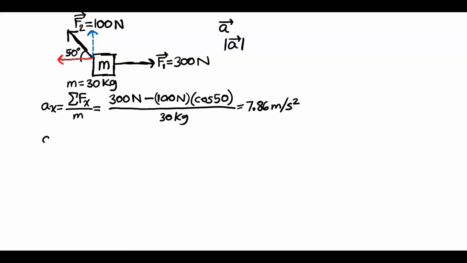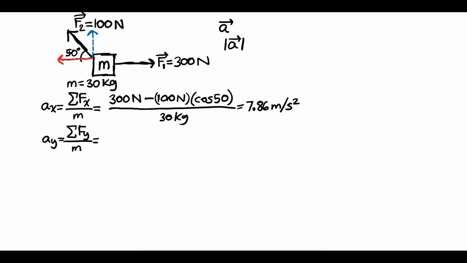What about a_y? Well, that's the sum of all the forces in the y direction, the net force in the y direction, over m. But there's only one force acting in the y direction. That's this component. Note that this component's not really a force, but because F2 is angled, part of it is pulling the mass in a vertical direction. So we have to take that into account. We take that part of F2 that's pulling it vertically and we represent it as a component of F2.